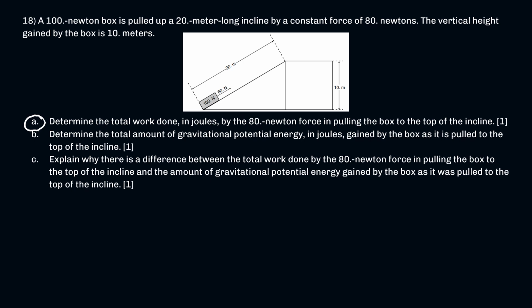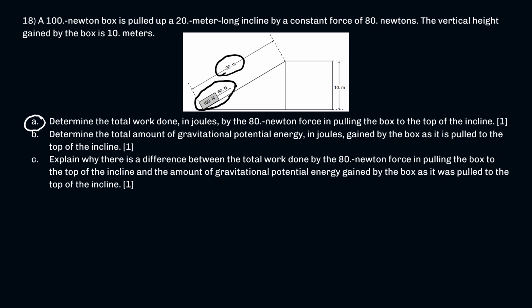So if you look at the diagram here, we have this 80 Newton force that is pulling this 100 Newton box to the top of the incline, and it is pulling it a distance of 20 meters up the incline. So what we're worried about is these two values, both the 80 newtons and the 20 meters. You're not worried about that it's going up 10 meters, you're just worried about the incline here.